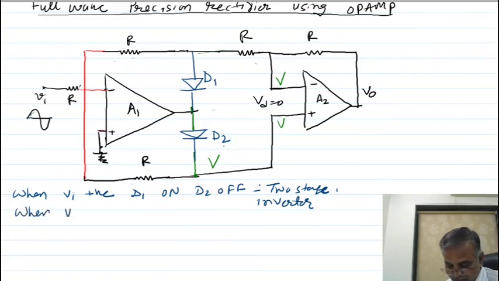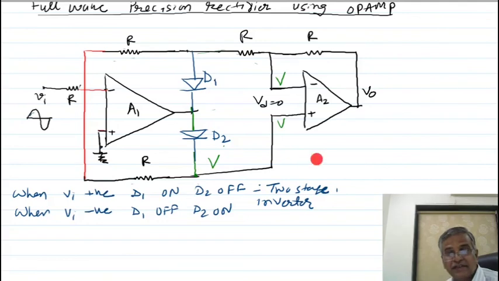When Vi is negative, D1 is off and D2 is on. I have calculated the voltage at this point as minus 2 by 3 Vi, and calculated the Vo.